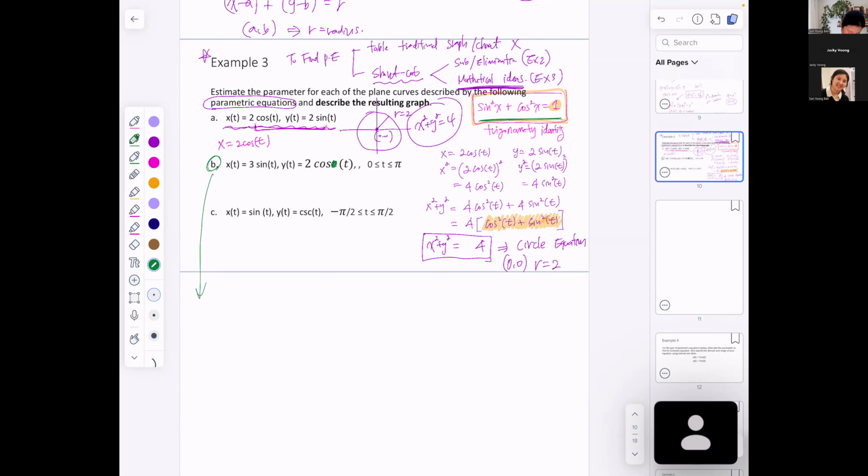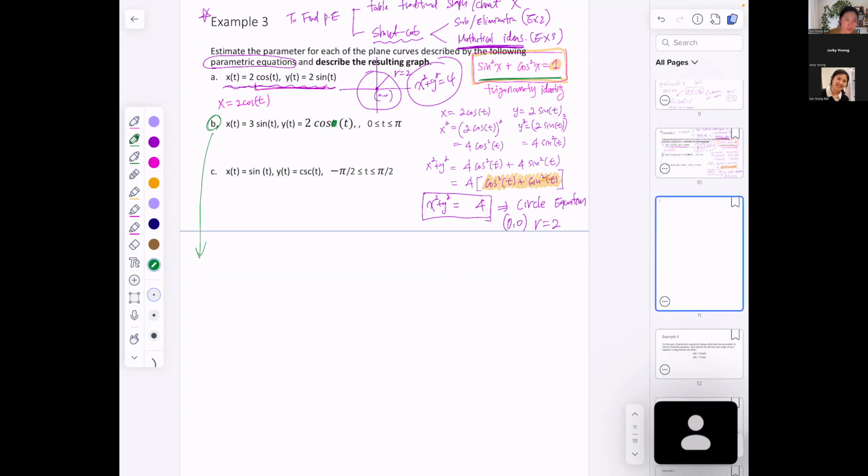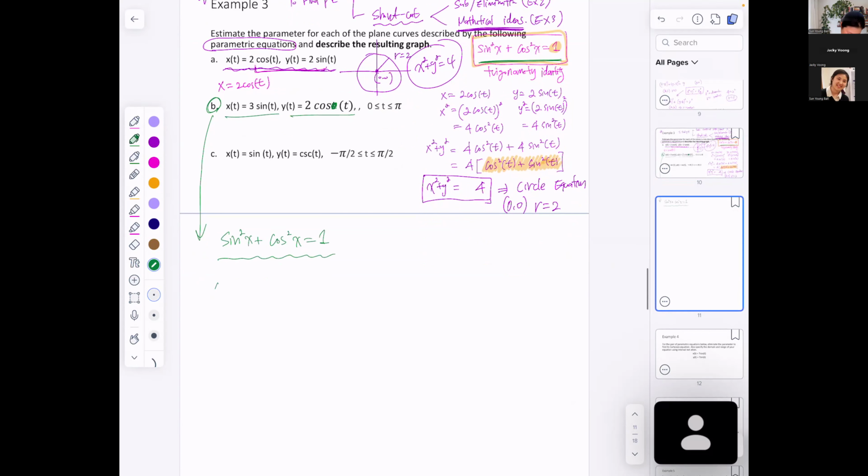I'm going to keep doing the same work, because I know sine squared x plus cosine squared x is always equal to 1. Let's just square both. For x, we have x equal to 3 sine t, so x squared is 9 sine squared t.